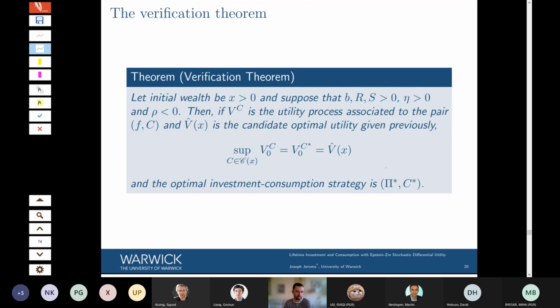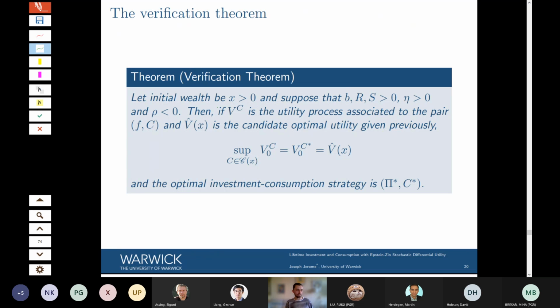And we actually have the following verification theorem. Provided that all of these constants are positive, provided that eta is positive, and we can show this is the minimal condition we need. If this is violated, then you have positive consumption streams which give you positive infinite utility, or everything gives you negative infinite utility, depending on the sign of 1 minus r.